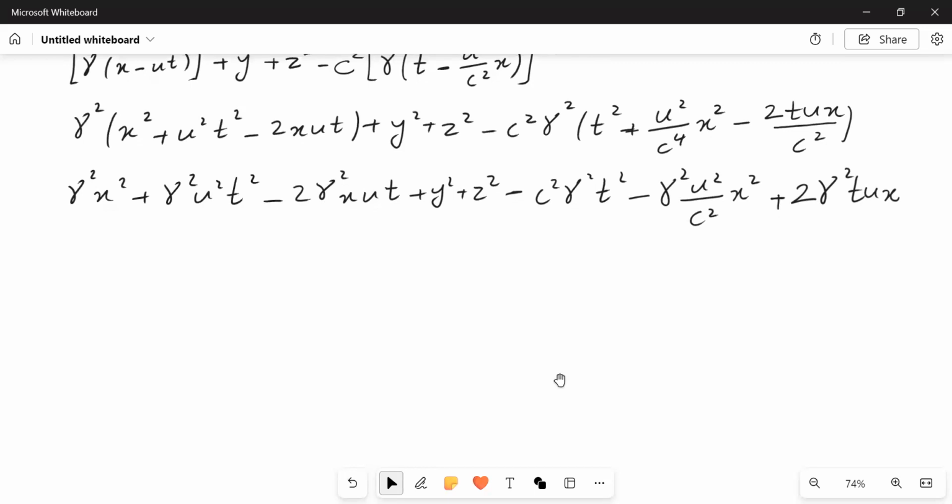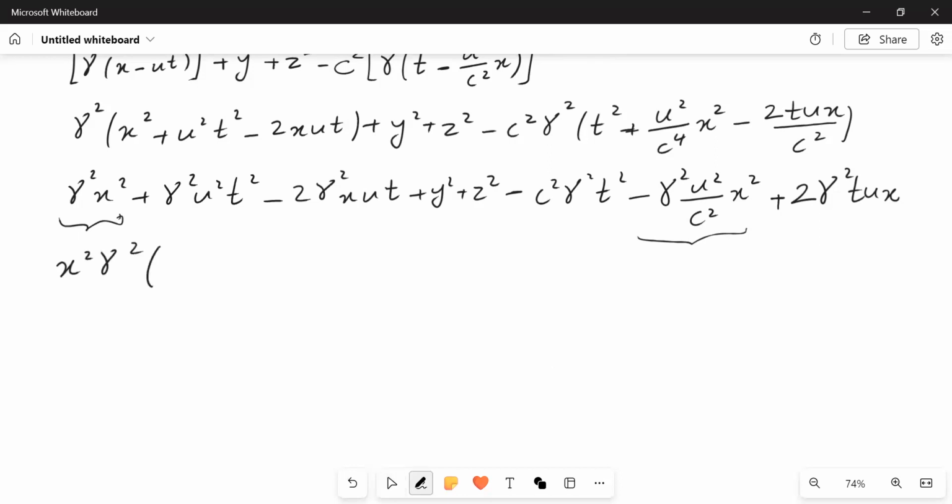Okay, now let's first look and see if we can even simplify these even further. Let's see where I have x squares. So here the first term has an x squared. This term here has an x squared. So I can actually factor an x squared gamma squared.